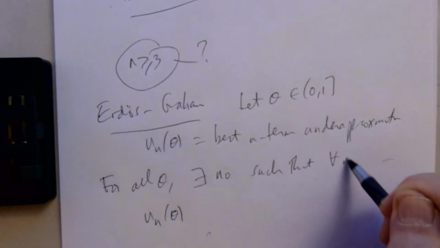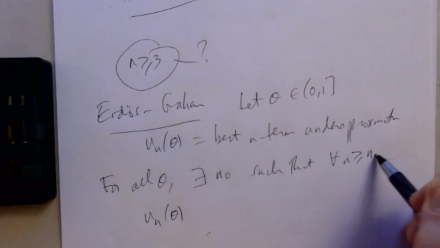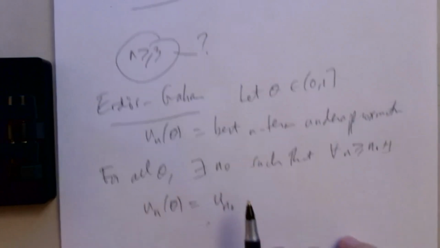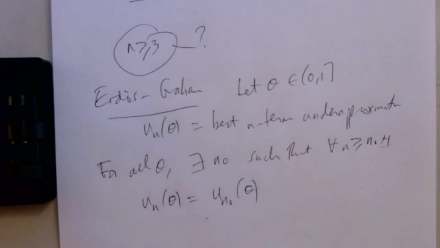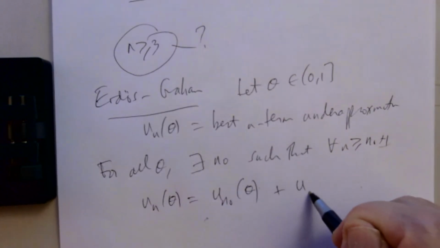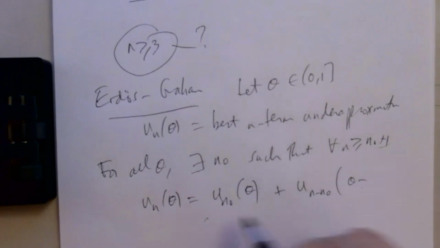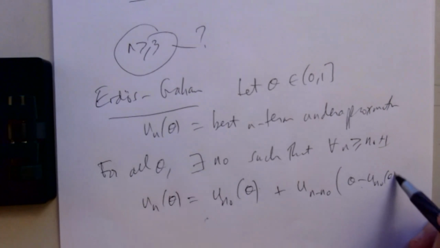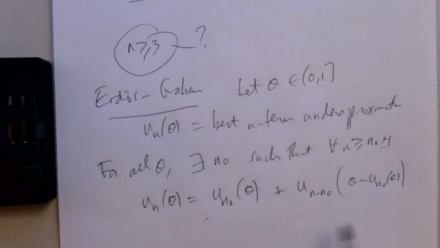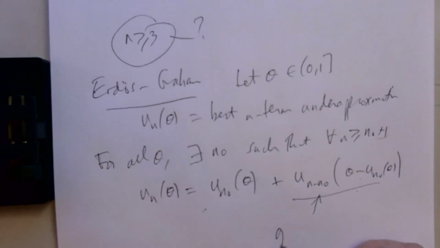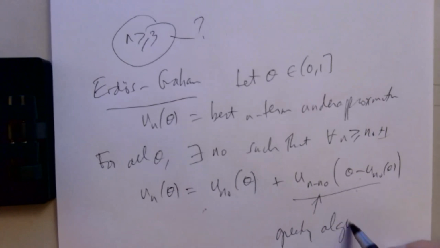So this is for all n greater than or equal to n naught plus 1. You take the best n naught term under-approximation, no matter how you get it, and then you add the best n minus n naught under-approximation for theta minus u sub n naught of theta. So even this isn't obviously true, but they say this is true, and this is always obtained by the greedy algorithm.